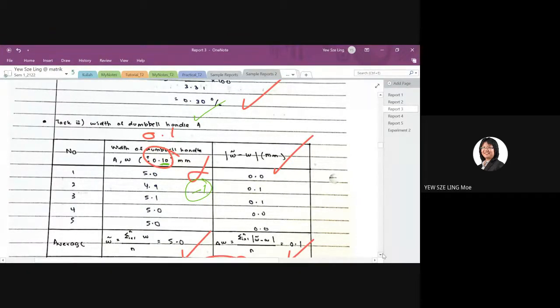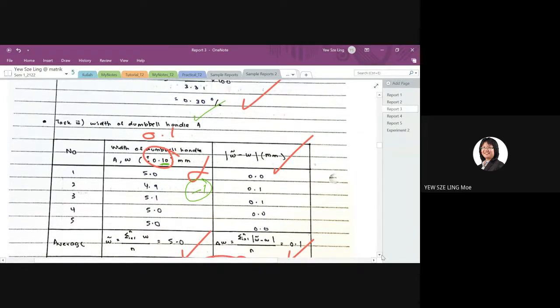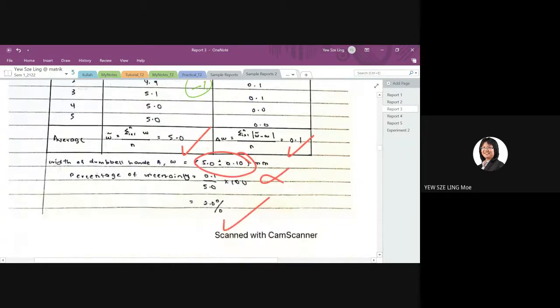So you see, when she records, she gets everything in 1 decimal place only. So why do you want to make the uncertainty become 2 decimal places, right? So that's not needed. So the uncertainty should be 0.1 plus minus 0.1. So the rest okay, the rest in consistent decimal places. So again, you see this one, the weight of a dumbbell 5.0 plus minus 0.10.